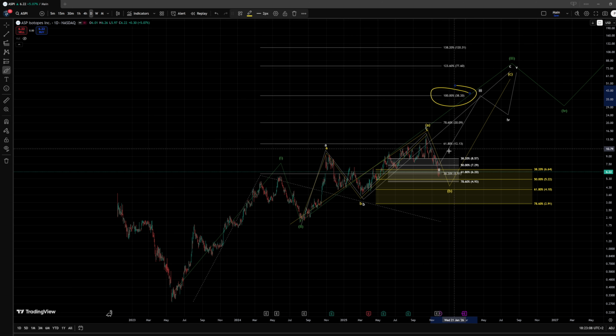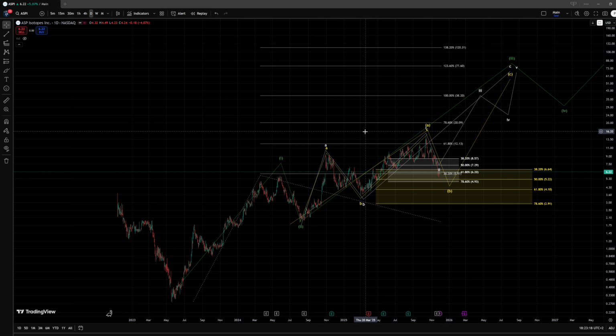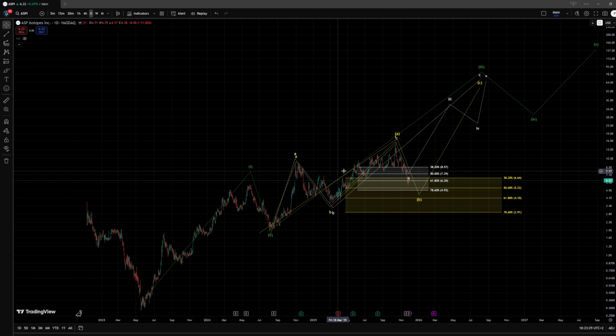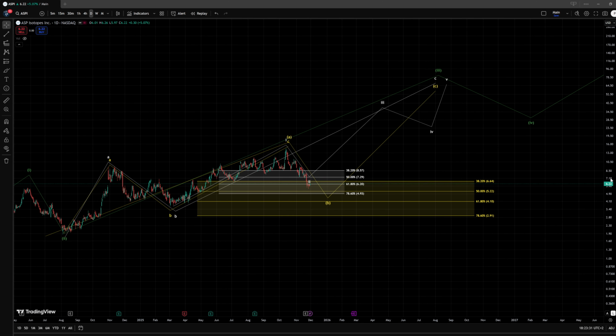That would be the ideal target, but it is much closer, and it is not as high of a requirement to really get there, which is why, in the end, we may be looking for a slightly different pattern. If we don't find enough strength, we will be looking for that scenario in the near future, but for now, we are still tracking these ideas.